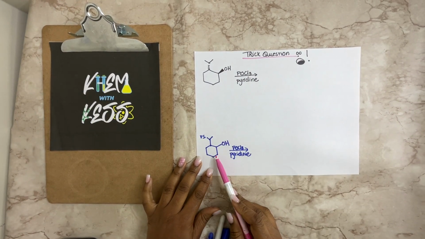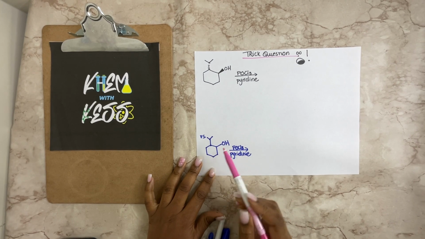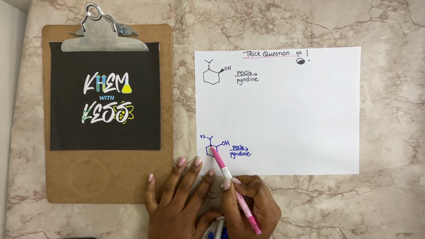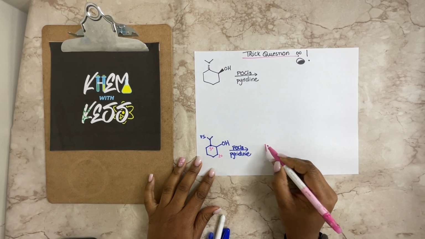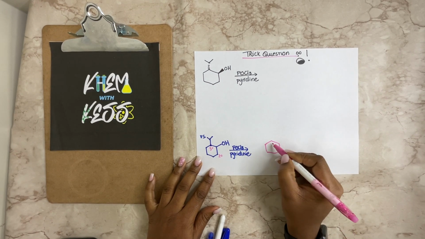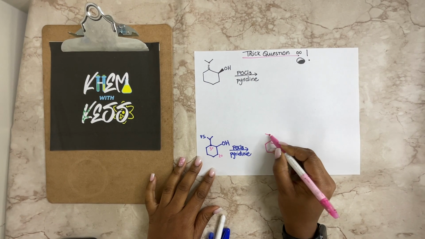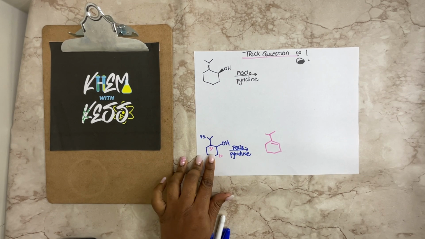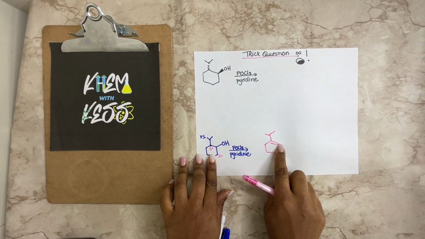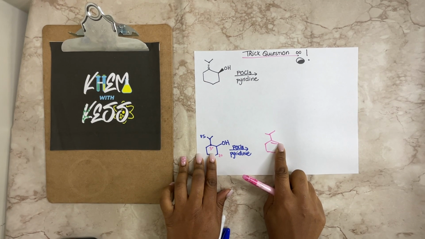If it's flat, no wedges, no dashes, you can clearly just mark the tertiary versus the secondary, and you would know that your final answer in this case would be this picture. Absolutely. Because we want to make the double bond to the more stable side, and of course the OH still can't be there because it's an elimination.